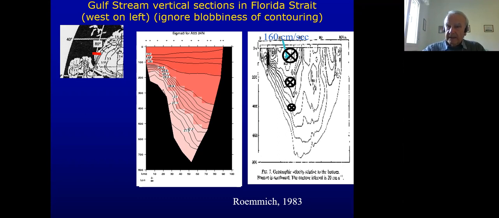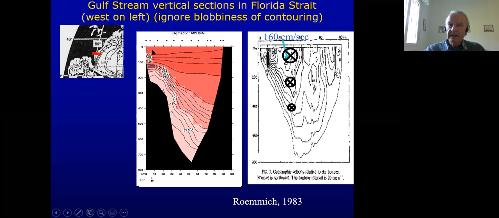Can you hear me? Okay. So what does that mean? If you do the integral of density from the surface to the bottom, you would get a density much higher here than here.